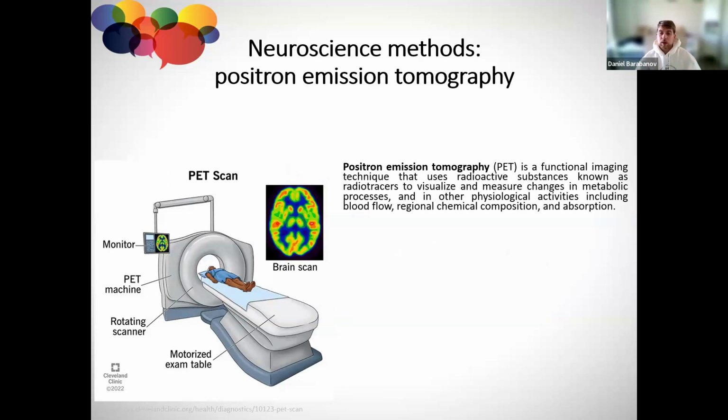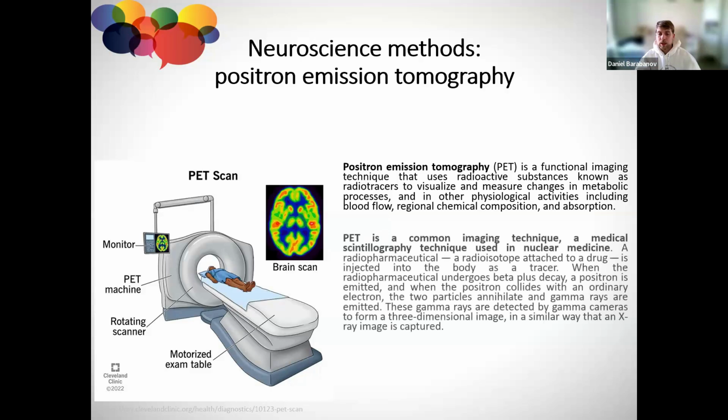So here, the idea is similar to fMRI, to make a functional imaging technique which shows in real time which areas of the brain are more active. But the whole principle is different. PET uses radioactive substances to know what's happening. Again, it sounds dangerous, but it's completely safe for the participant.